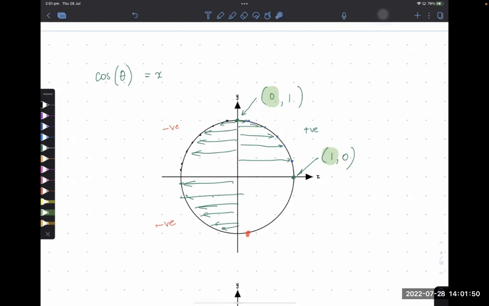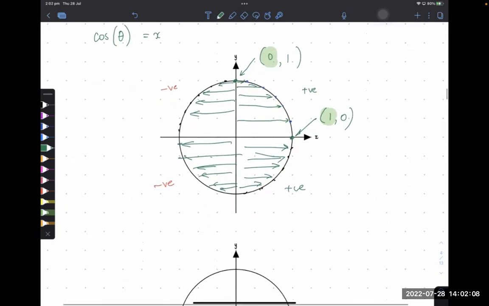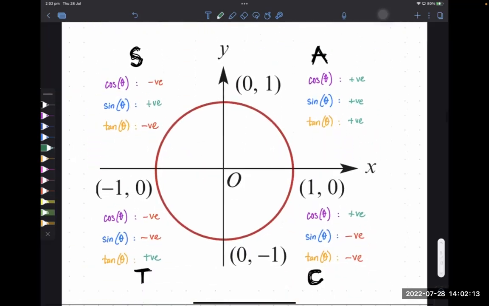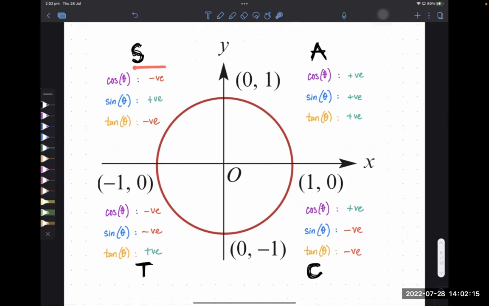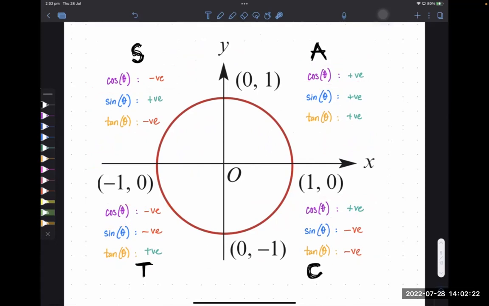But if we continue rotating around and pick a point over on this side, it's back to being positive in this quadrant. That's how it behaves for cos. In this little diagram down here, the purple sections are for cos. You can see when it's negative and when it's positive.